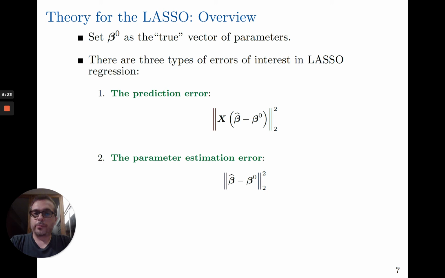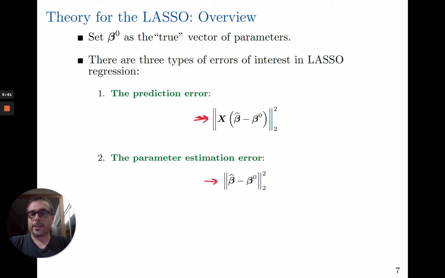The other error that we'll be interested in is the parameter estimation error. These are different quantities, this one here and that one here. So you may think about why we may be interested in that one and not in this one.